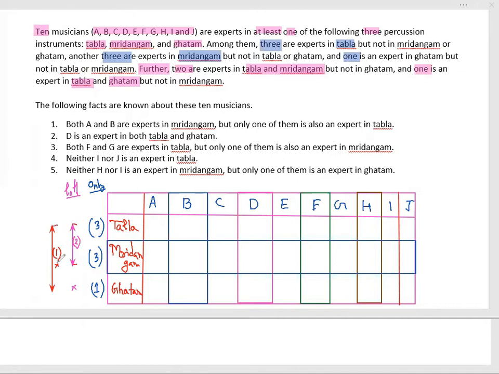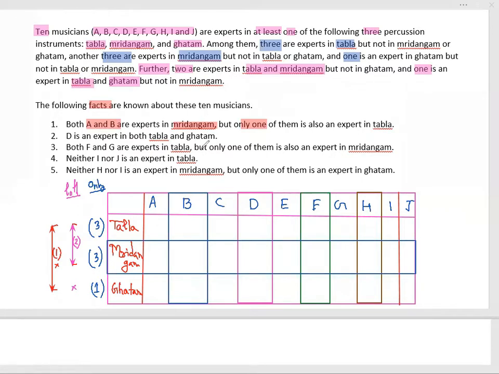Okay. Now let us go with the extra information given in this case, the following facts. Both A and B are experts in mridangam, but only one of them is also an expert in tabla.